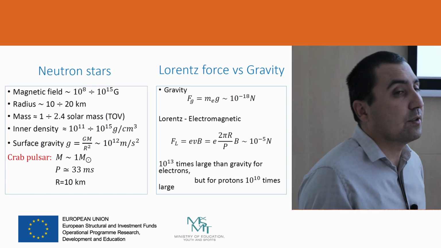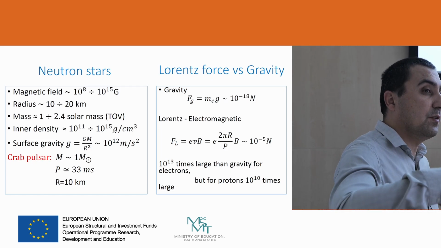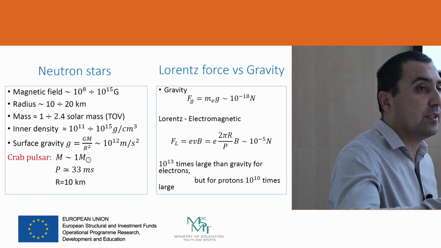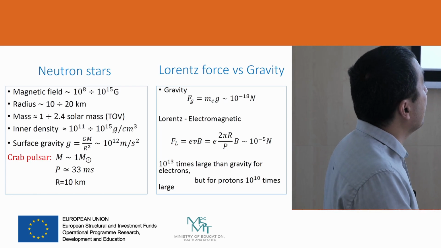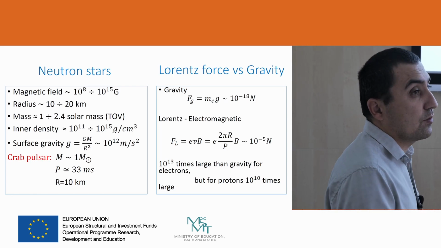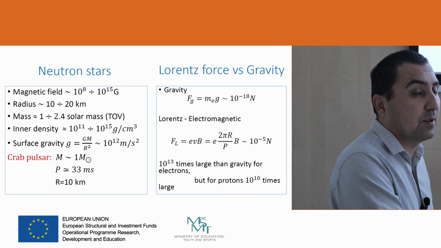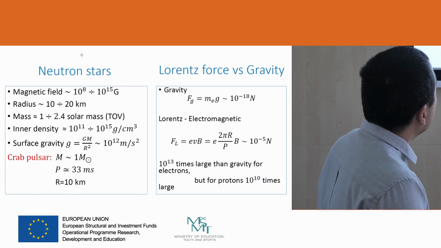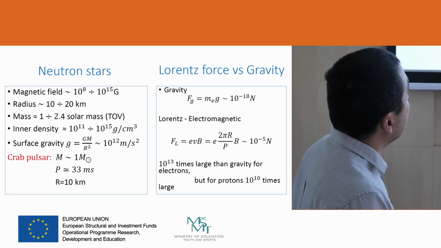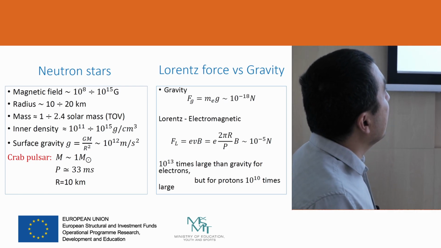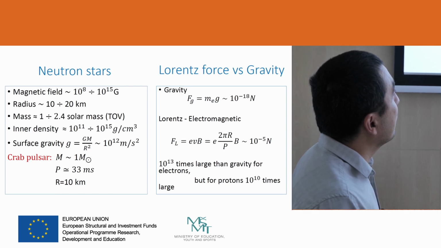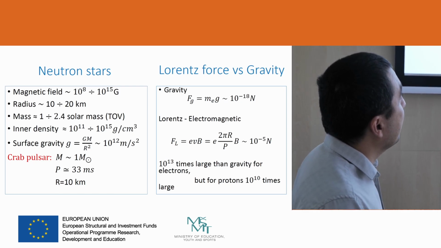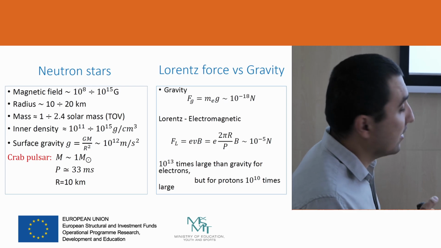But in observations, if we find some neutron star beyond this mass range, we can explain this with the TOV equation. It depends on the matter inside the neutron star. And the matter density is in the range of 10^11 to 10^15 gram per centimeter cube.